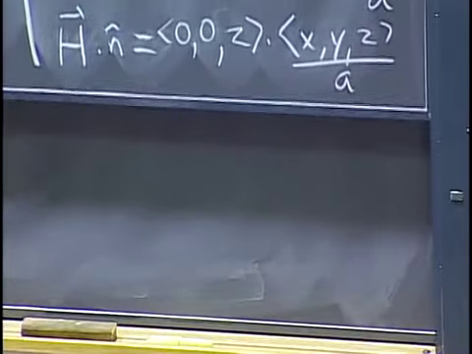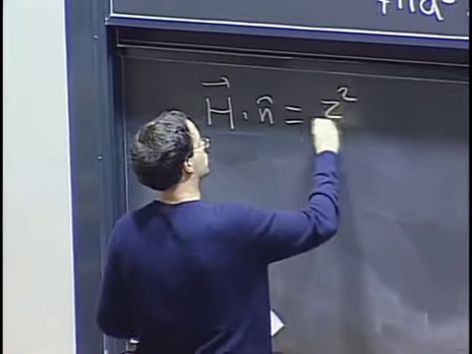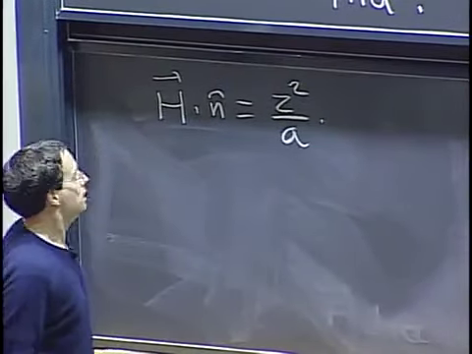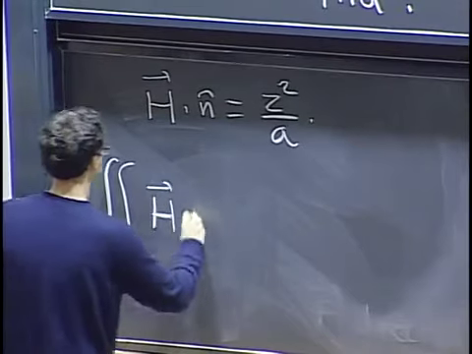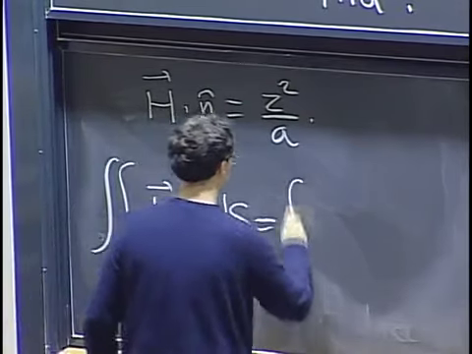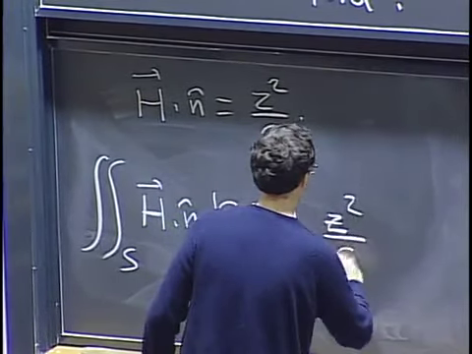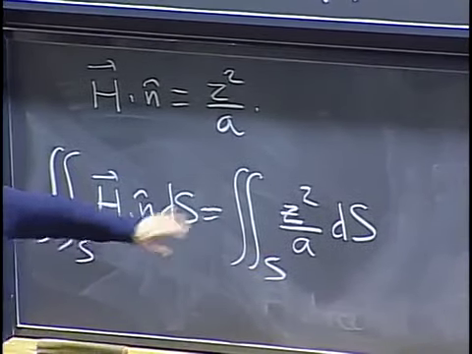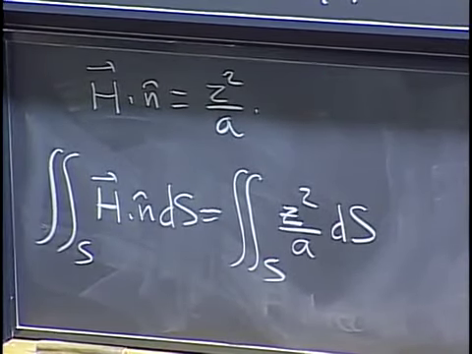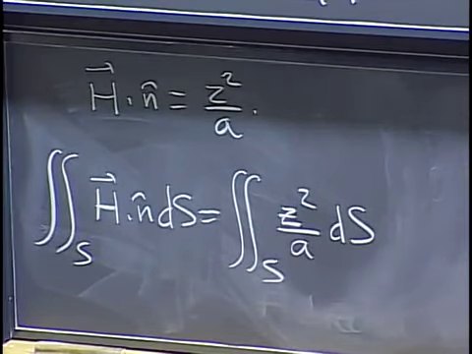So h dot n is z squared over a. The double integral for flux now becomes the double integral on the sphere of z squared over a dS. We can take out the 1 over a, that's fine, but we'll actually have to integrate z squared on the surface of the sphere.